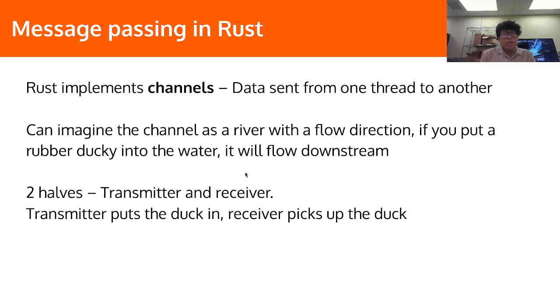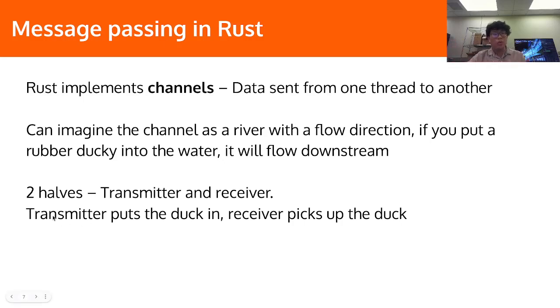So how does message passing work in Rust? Rust implements channels, which are kind of a stream where data is sent from one thread to another. You can imagine the channel as a river with a flow direction. If you put a rubber ducky into the water at this point, it will flow downstream and it will get picked up.